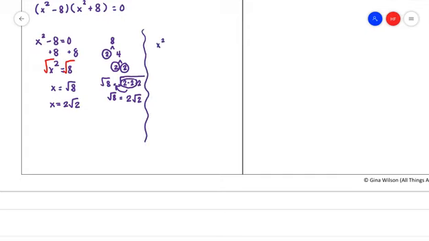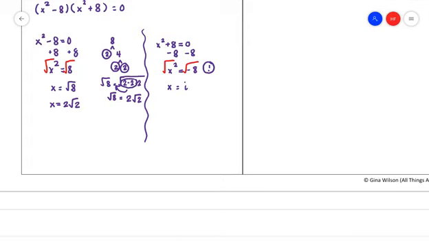We had x squared plus 8 as our other factor equal to 0. We'll subtract 8 from both sides. x squared is equal to negative 8. Take the square root of both. We're taking the square root of a negative, so just be aware that an i is going to come out of there.